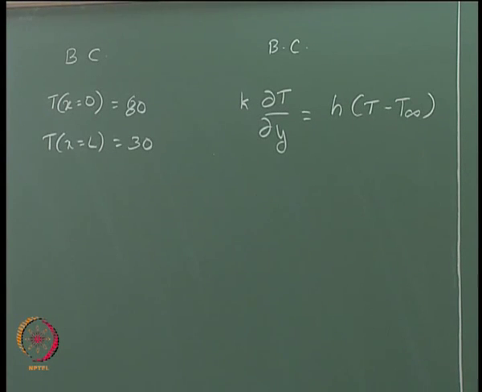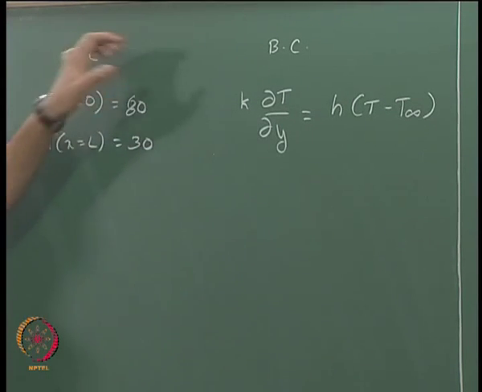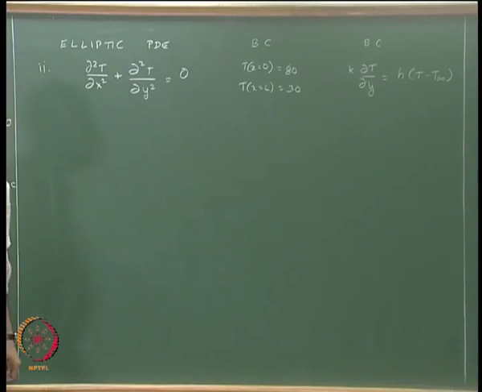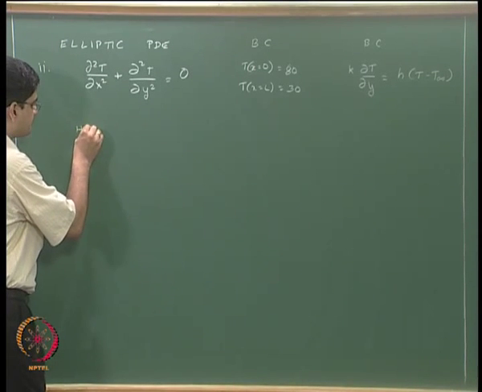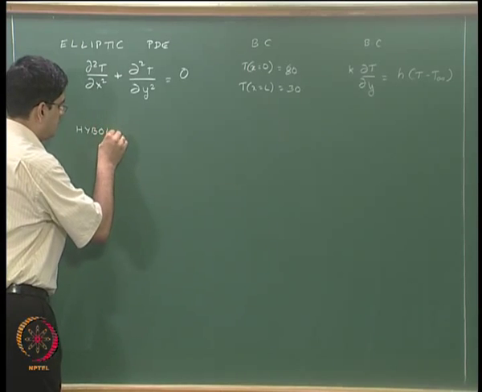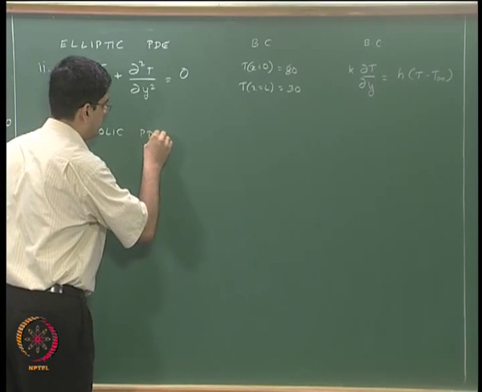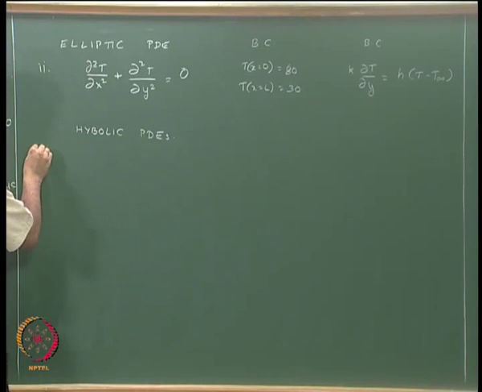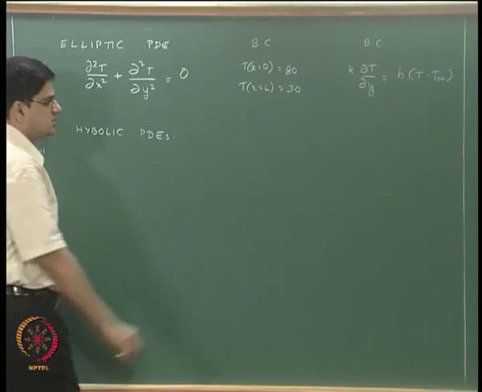So this is the kind of boundary conditions that we will get to solve this elliptic PDE. And the third example would be hyperbolic PDEs. A typical example of a hyperbolic PDE is the wave equation.